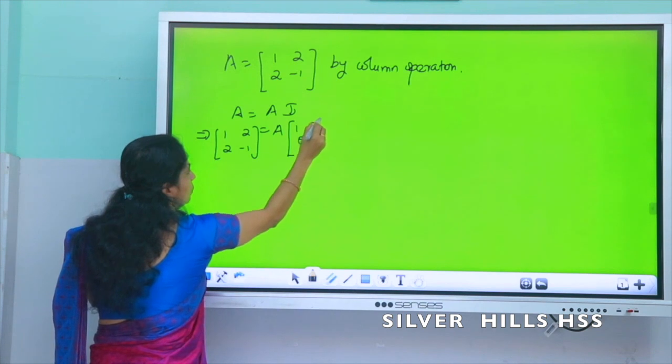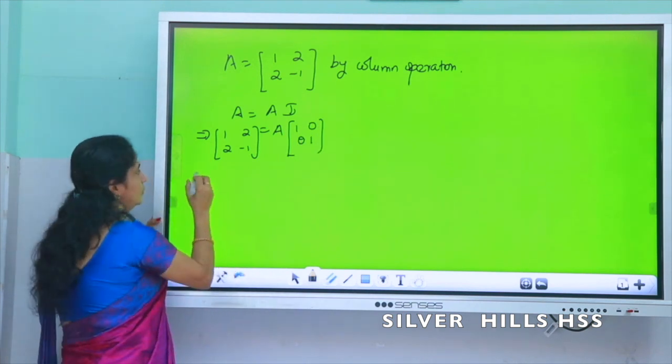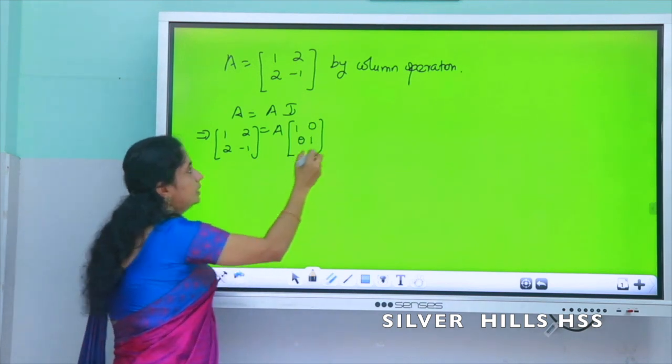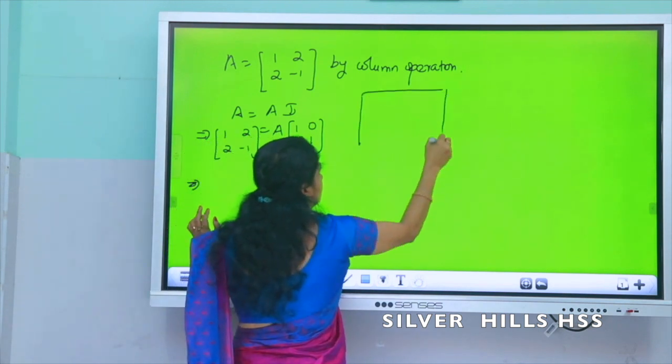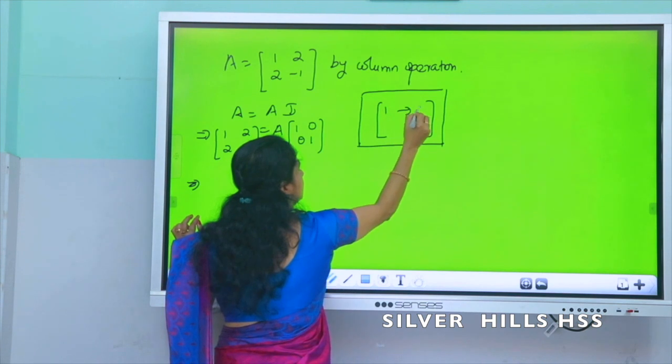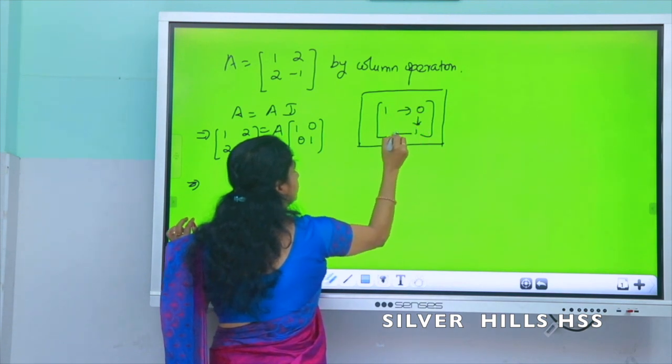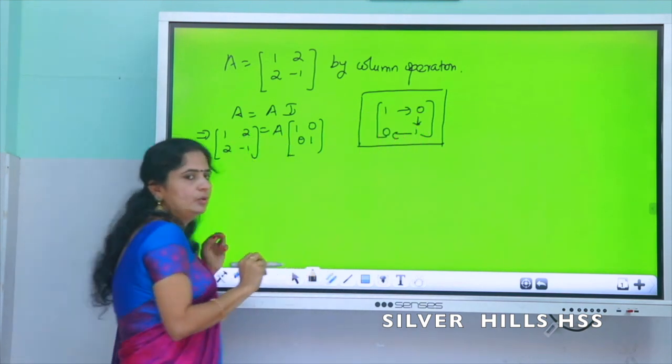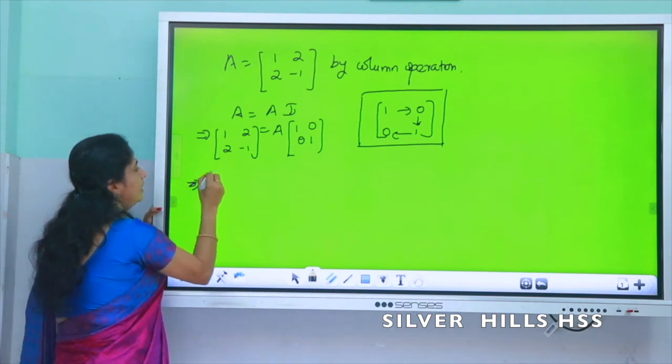1, 0, 0, 1. So now the rule is that for column operation, you should come in this order. So first I should make this value 1. Already I have 1 here.